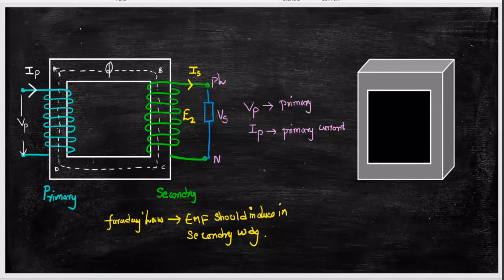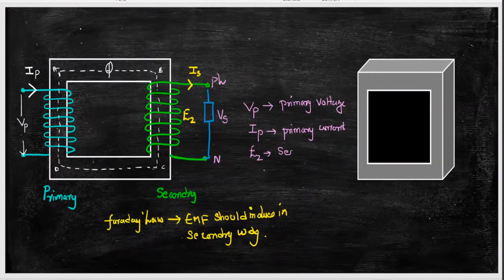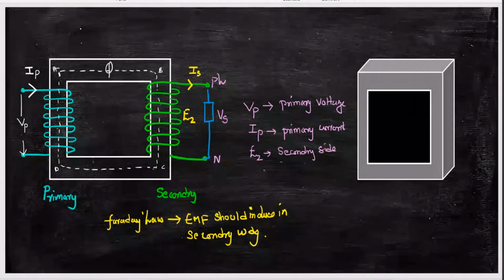Two parameters: primary voltage and primary current. On the secondary side, I have E2. E2 is called the secondary induced voltage.